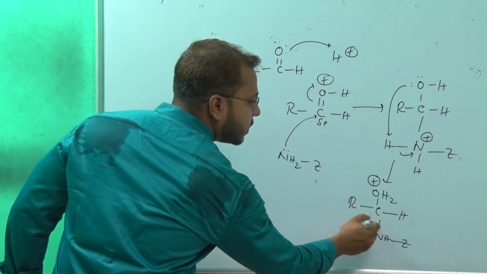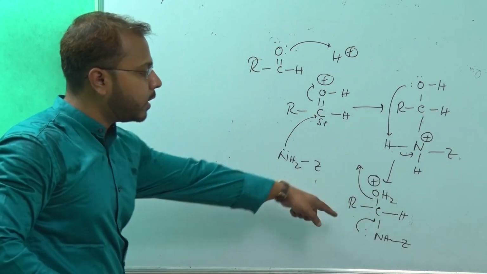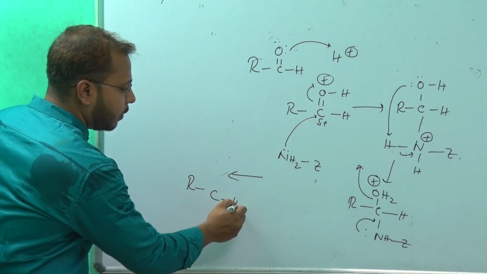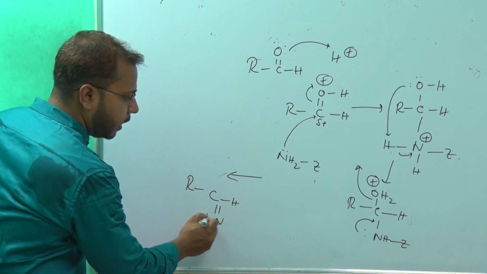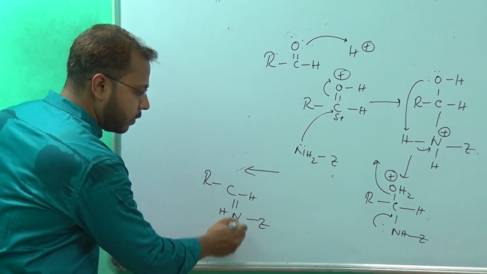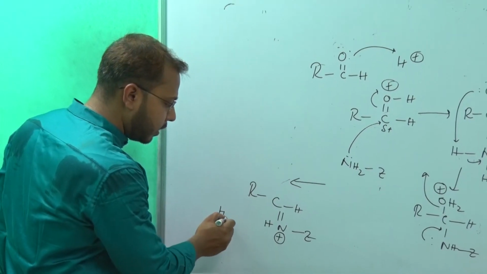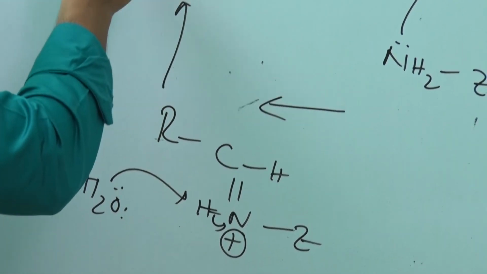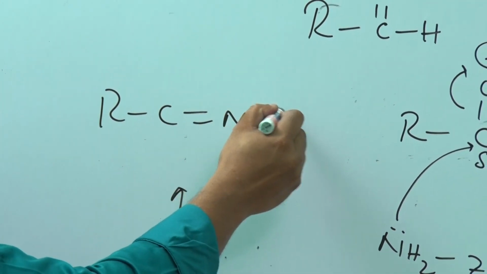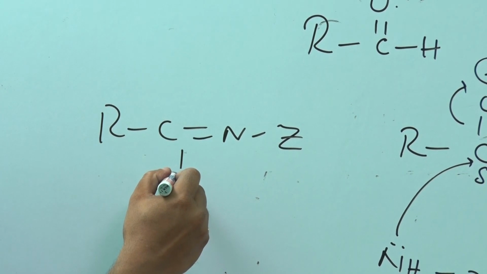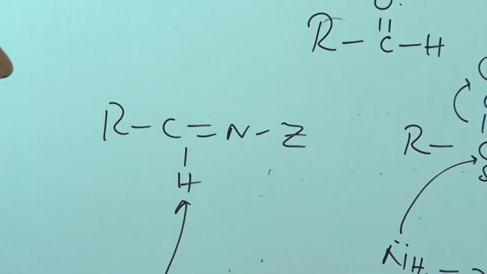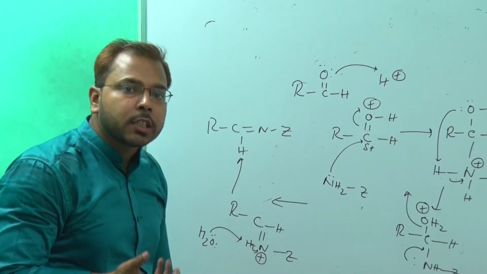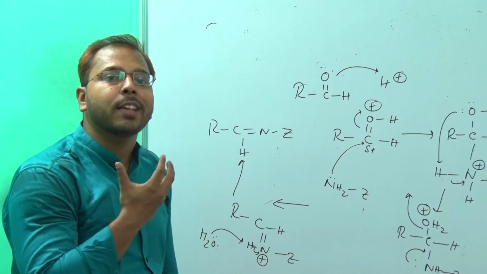So now this electron donation will take place and OH2 will be eliminated and the product becomes NHZ, obviously a positive charge, and in the medium H+ ions are there, so it can form this. So for this reaction to occur, obviously the medium should be acidic in nature.